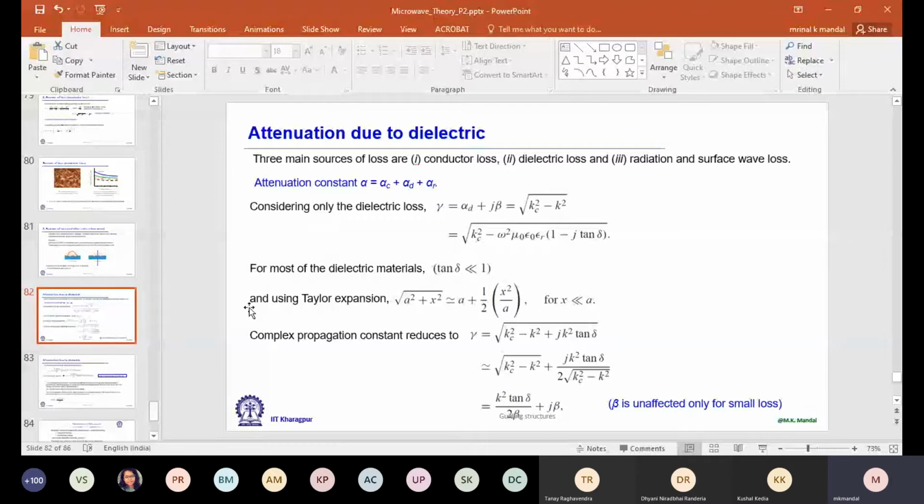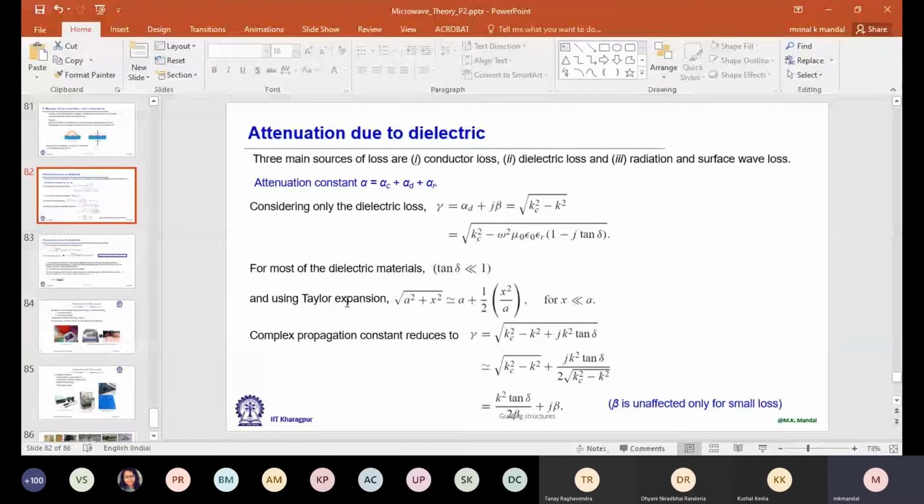You can go through that. And whenever we have loss, then the propagation constant becomes complex, and we can't neglect the alpha part. So mathematically, it is shown that if loss is small, beta usually remains unaffected.